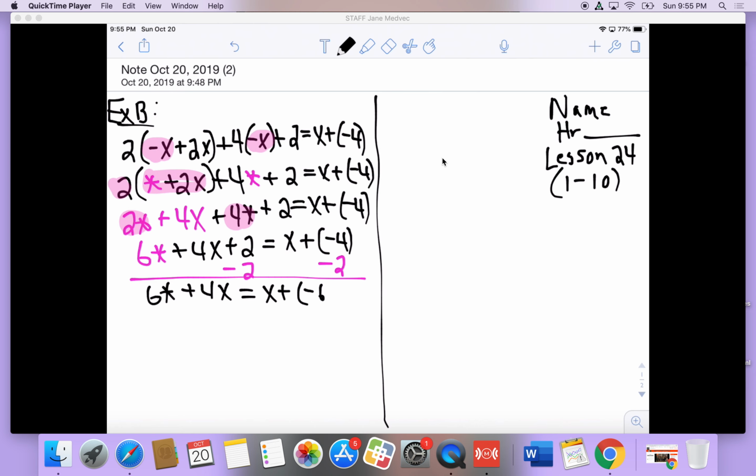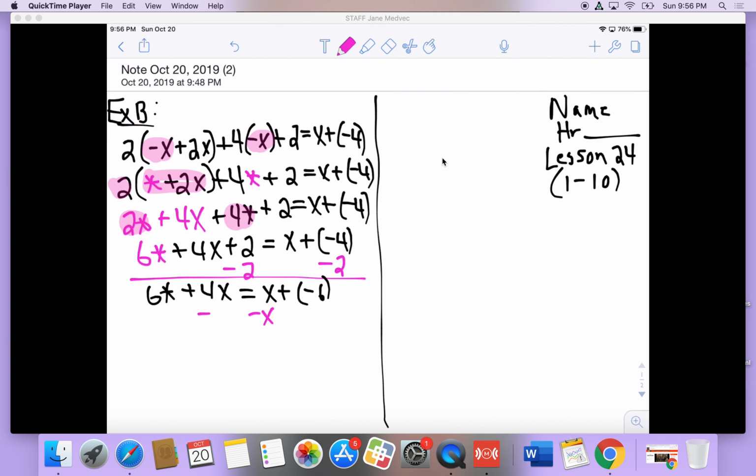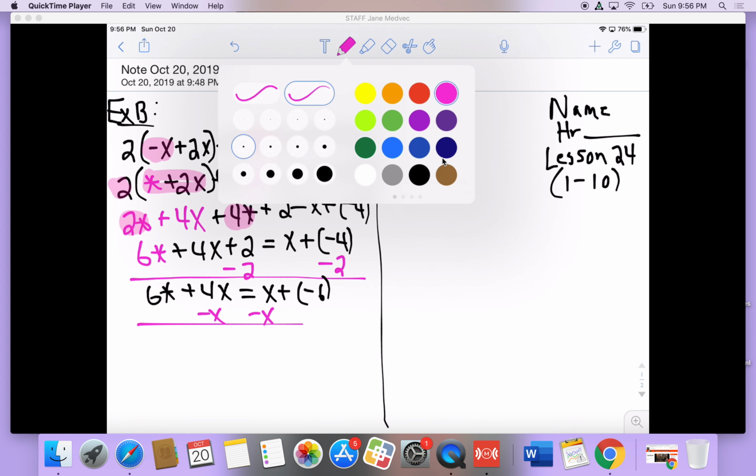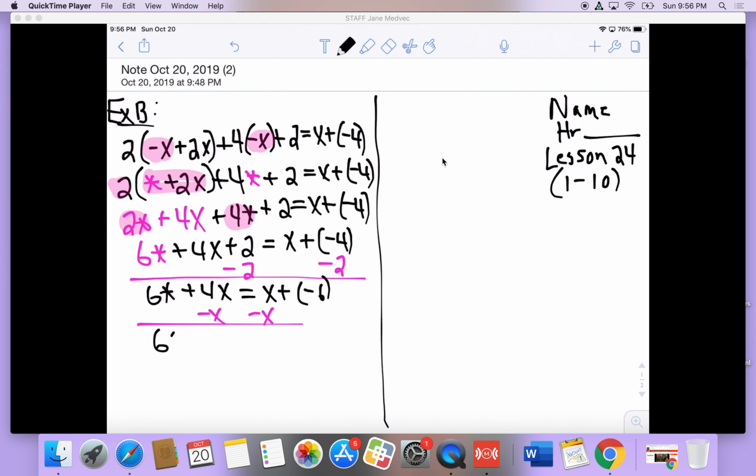I get a negative 6. And then what I'm going to do is get that negative 6 by itself. So I'm going to subtract an x from either side. Six star plus 6x, or sorry, 3x equals negative 6. You'll notice that I dropped this plus sign right there. You don't need that.